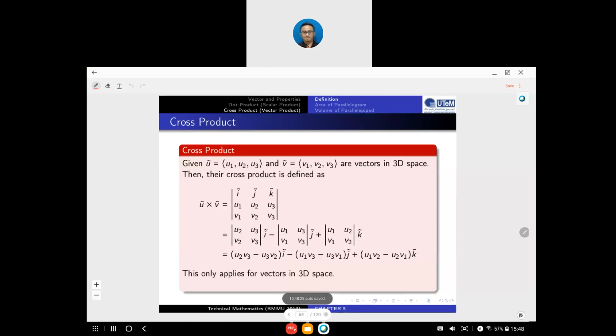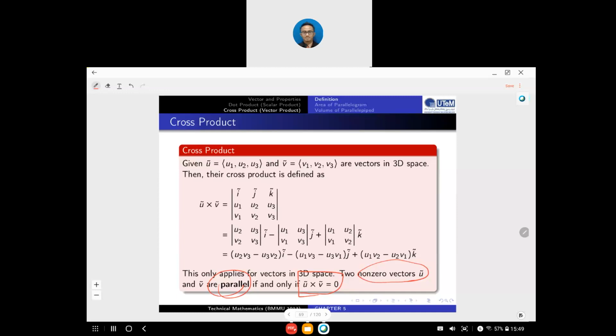Okay, and this only applies to 3D space. And then remember, two non-zero vectors are parallel if their cross product equals 0. Okay, make sure you don't confuse cross product and dot product. For dot product, which we learned previously, when the dot product equals 0, the vectors are orthogonal or perpendicular.